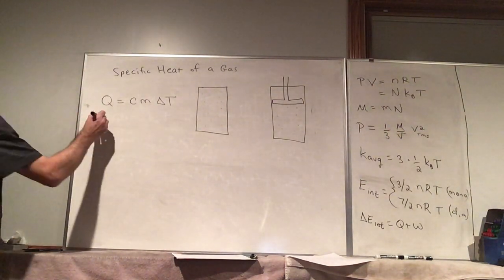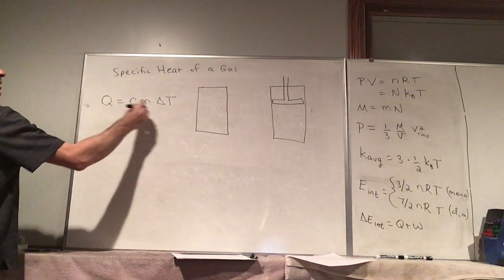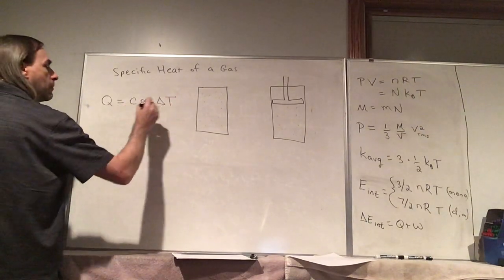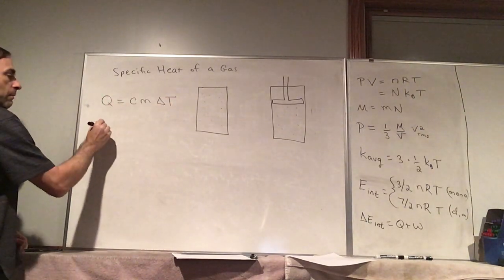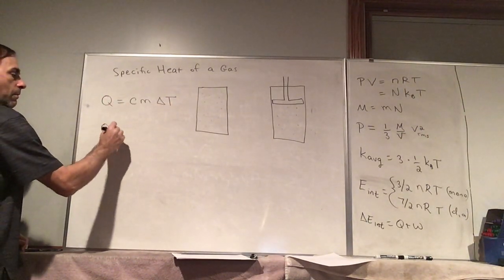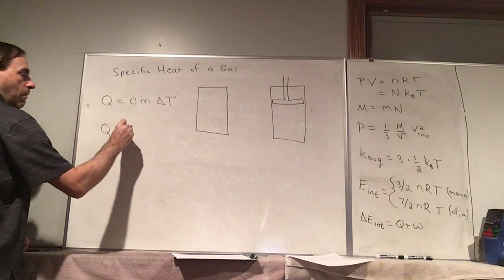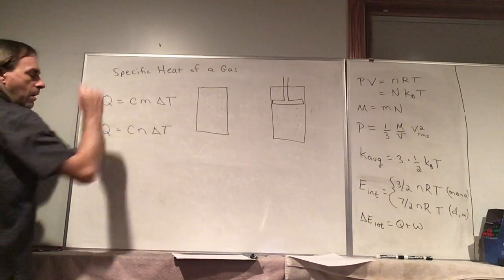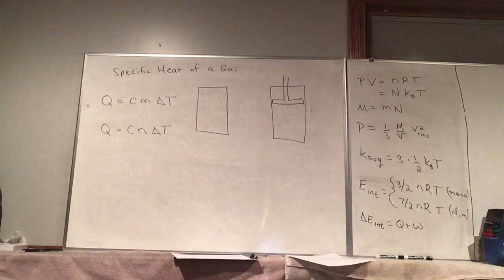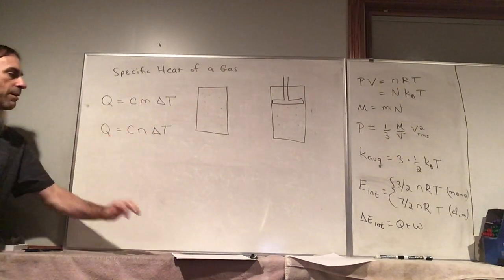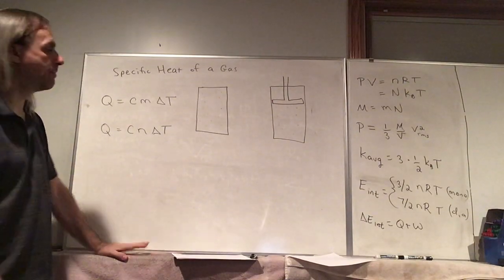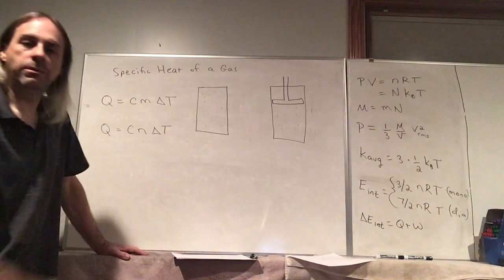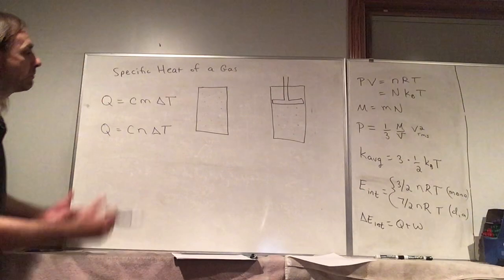So for a gas, this is for solid or liquid, we're basically going to write it like this, where instead of mass, we're going to talk about the number of moles. Simple, trivial change. Guess we're done here.